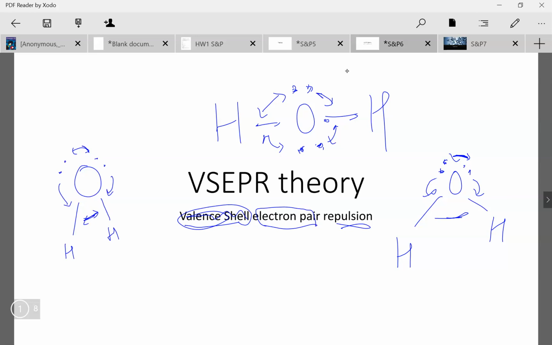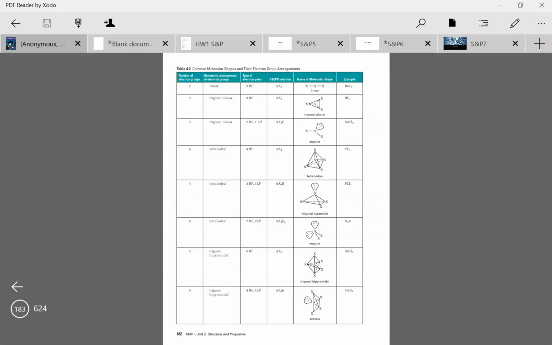But do you need to really know all that? No, not necessarily. You just have to know that according to this repulsion, the molecule is going to align itself in a certain shape, and this shape is given conveniently in this table.